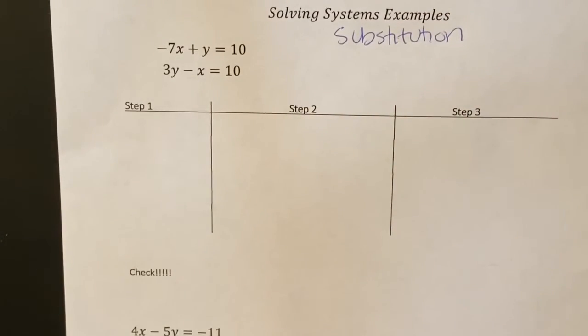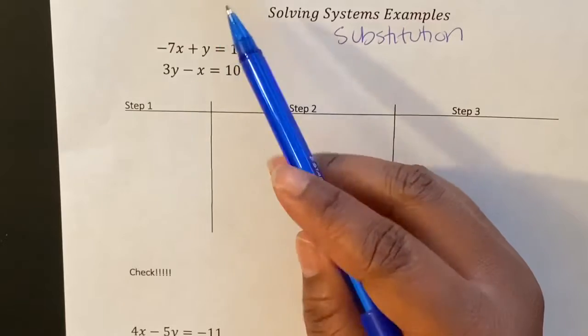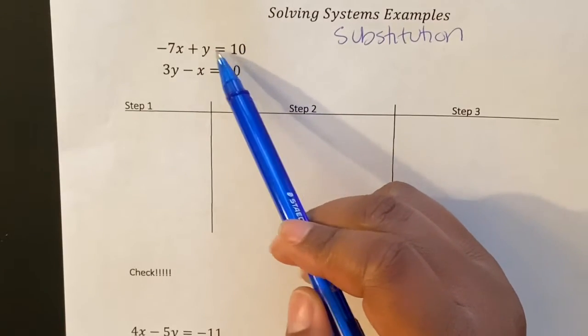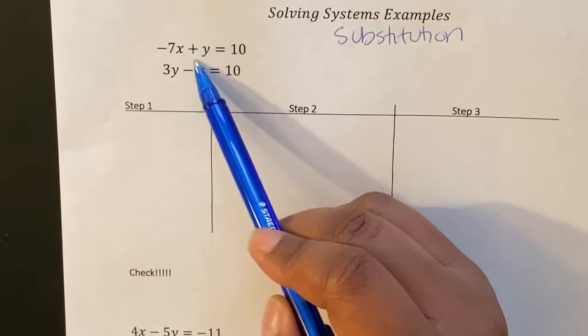Okay. If I have -7x plus y equals 10, and 3y minus x equals 10. Okay, remember the first step in substitution is to solve one of the equations for y or x. Now you have to choose which one is easier to solve for y or x. I'm going to choose to solve the first equation for y because y is already by itself and it's already positive.